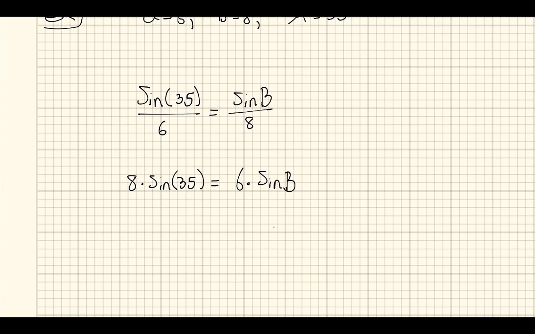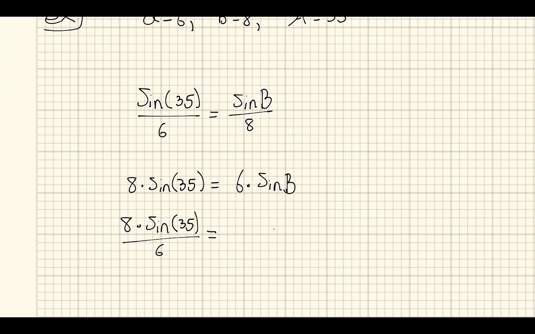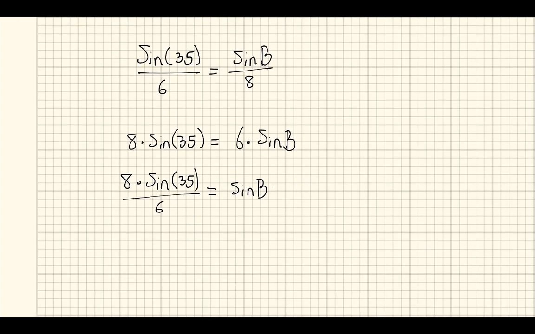Divide 8 times the sine of 35 by 6 equals sine of B. So we got sine of B by itself. Remember, if we're trying to solve for an angle, you always have to inverse. So we should have the inverse sine of this whole thing, 8 times sine 35 over 6. This is my angle B.